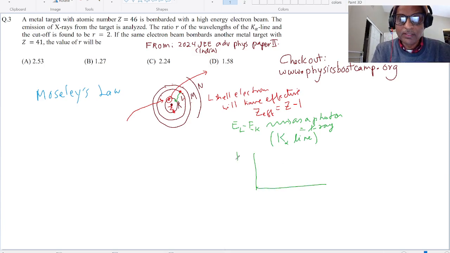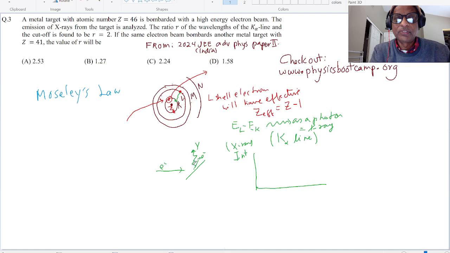So if you look at the intensity of X-rays that come out when you bombard a target with an electron beam, of course a photon will come out and the electron will come out too.